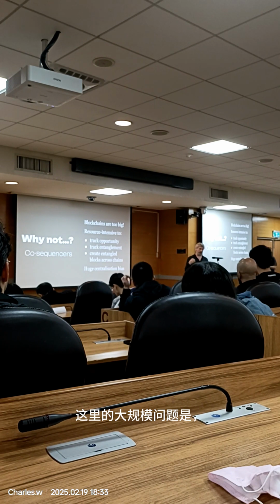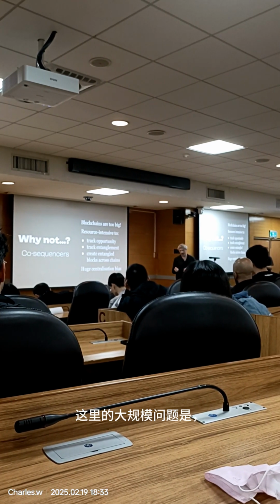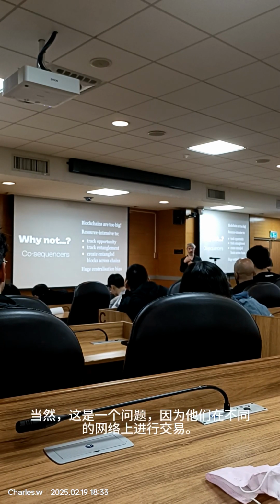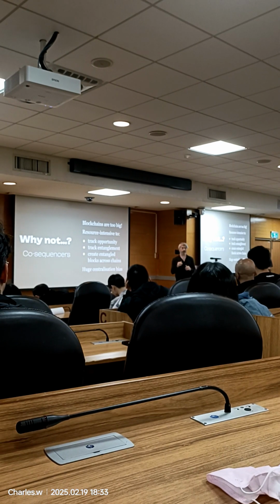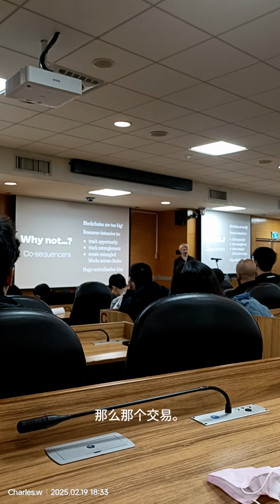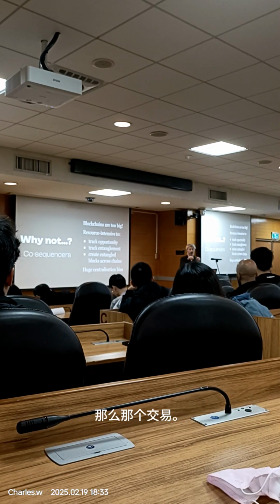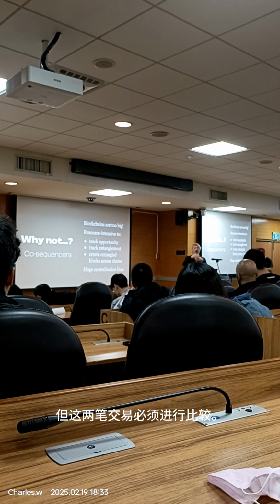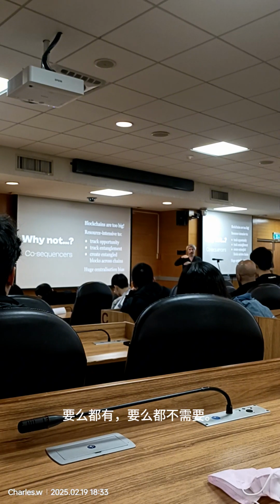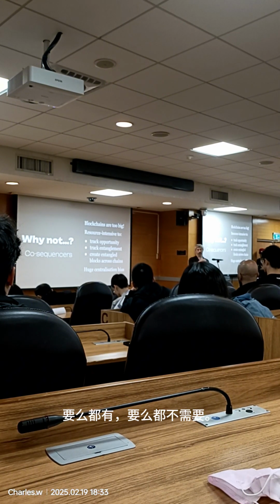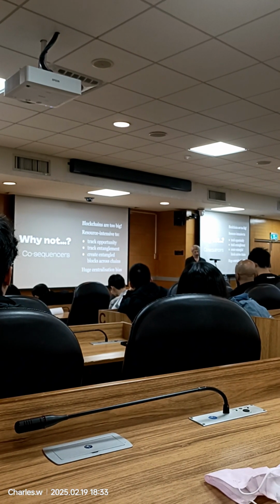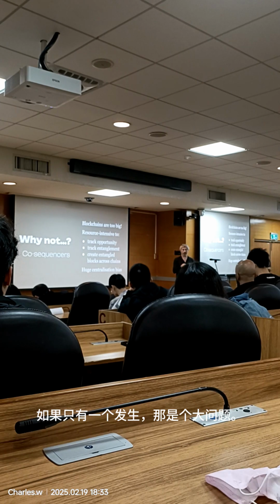Now the big scaling issue here is that suppose we have two transactions on different chains that are causally entangled. Maybe it's some sort of autonomous one. If we're doing this in a Turing-complete fashion, which is of course what we want, then those two transactions have to be paired, right? Either both happen or neither of them. This must necessarily be the case. If only one of them happens, it's a big problem.